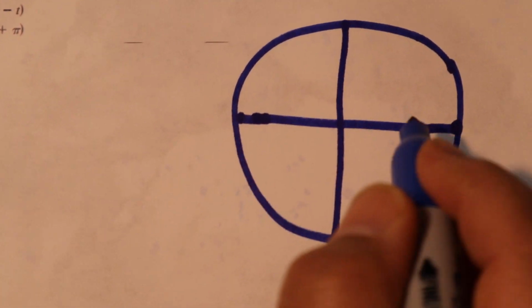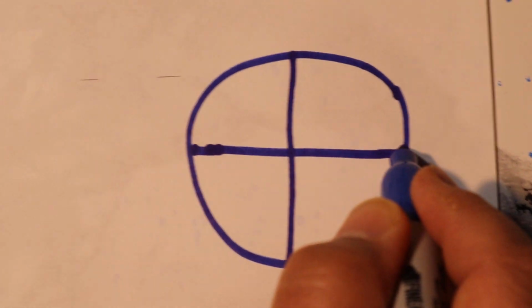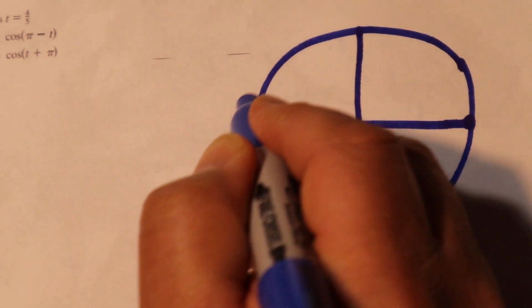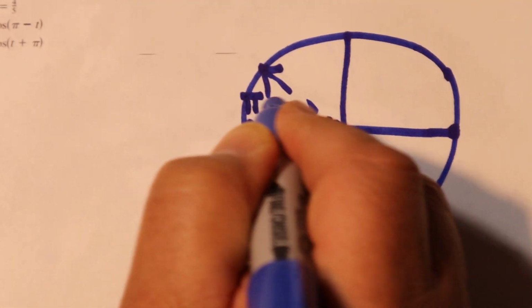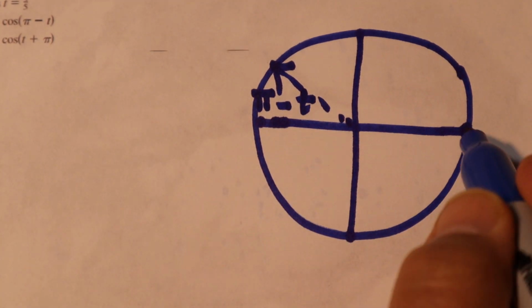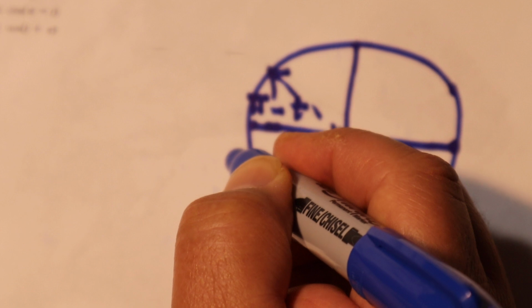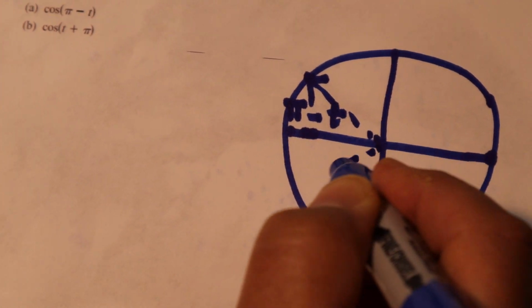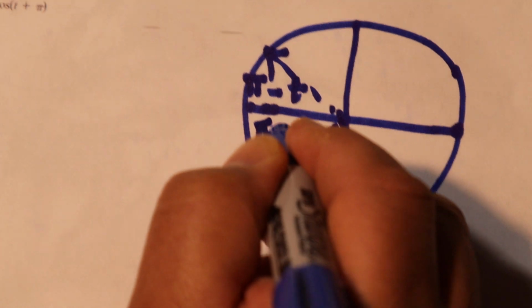If we come over here, that means it's pi minus t, in the second quarter. If we spin more than pi, the angle will rotate more than pi, it will be in here. It will be t plus pi or pi plus t.